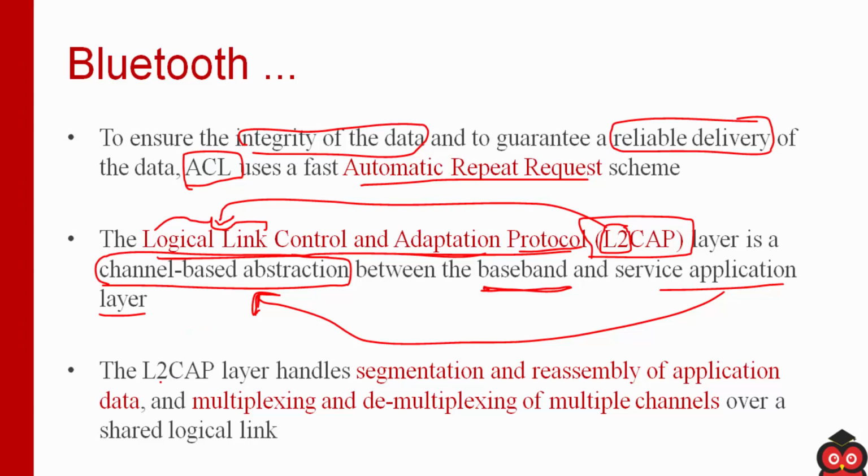The role of this L2CAP layer, logical link control and adaptation protocol layer, is segmentation and reassembly of application data. Let's consider that audio example, you are listening to music.